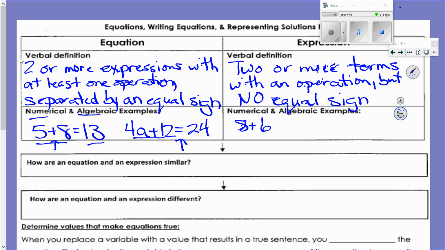That could actually be an expression without numbers. Now that one technically you could solve, but an algebraic one, there's no way. 5a plus 4, there's an infinite number of possibilities depending on what a is. And that's why having that equal sign can help us out so much. Make sense so far, guys?